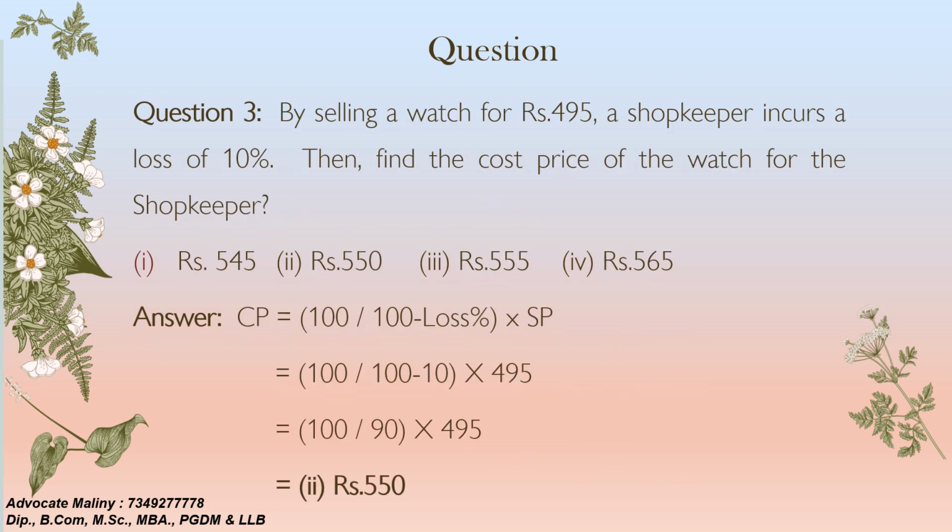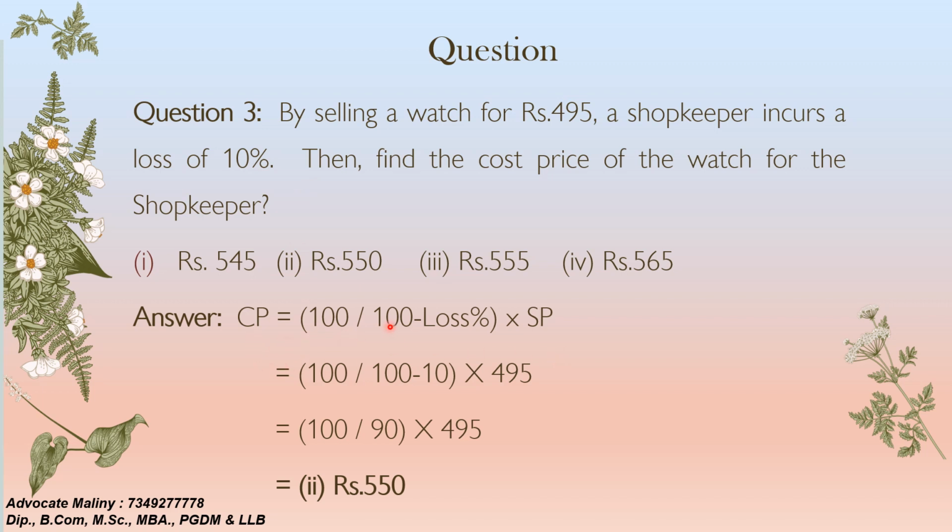This is the third question. By selling a watch for rupees 495, a shopkeeper incurs a loss of 10%. Then find the cost price of the watch for the shopkeeper. So we have to find the cost price. We have the selling price and we have the loss percentage, so we have to use this formula.